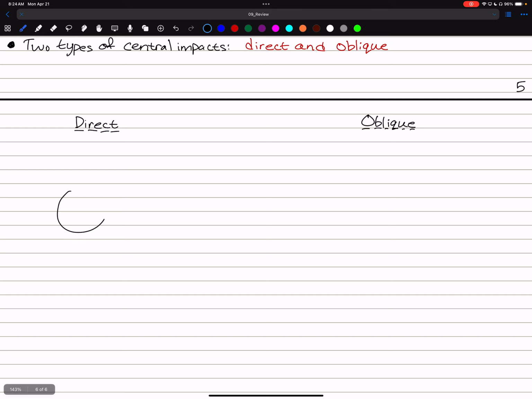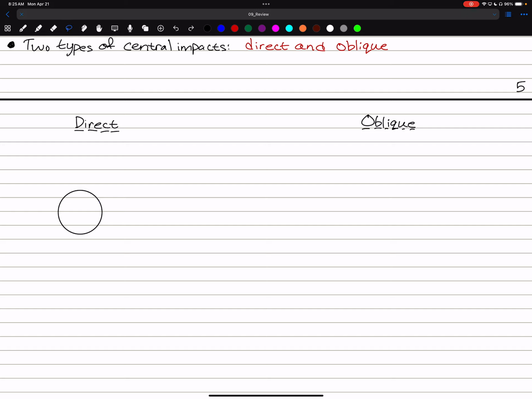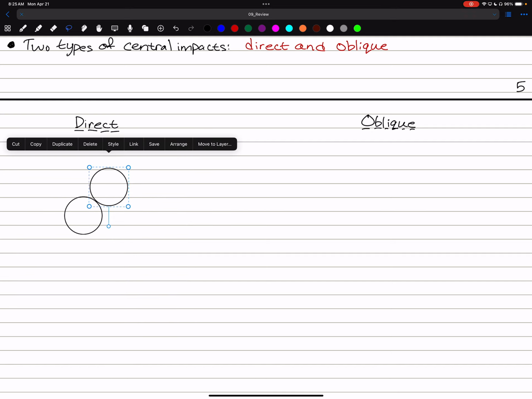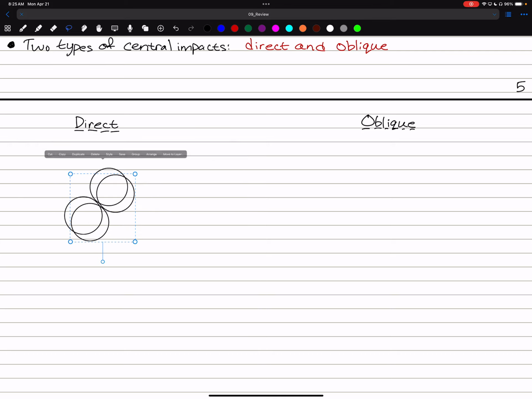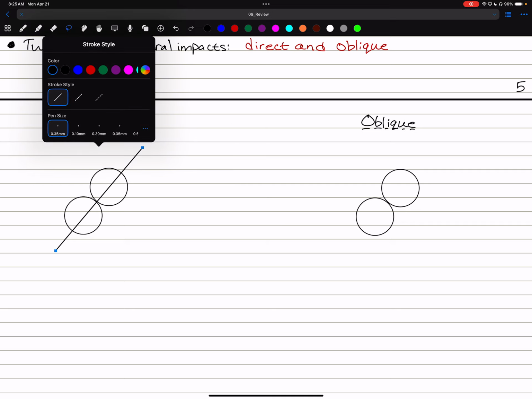All right, we're going to draw two particles impacting each other, and draw a line of impact. Make that a dashed line.